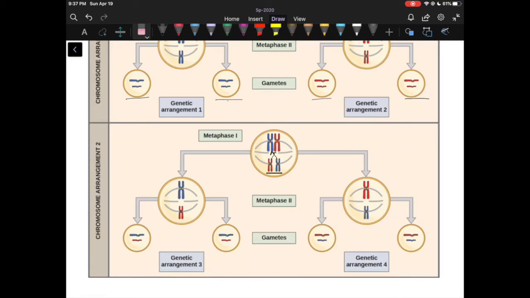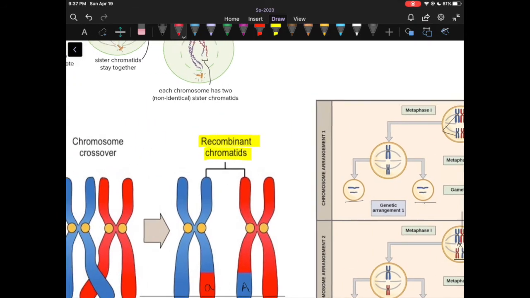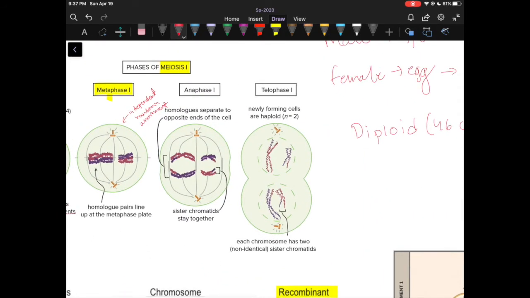So one from your dad and one from your mom are going to go to one side, and then another one from your mom and another one from your dad are going to go on the other side. And we're going to get different genetic arrangements of these chromosomes. Independent random assortment is also going to contribute to the genetic variation that we see in our gametes.